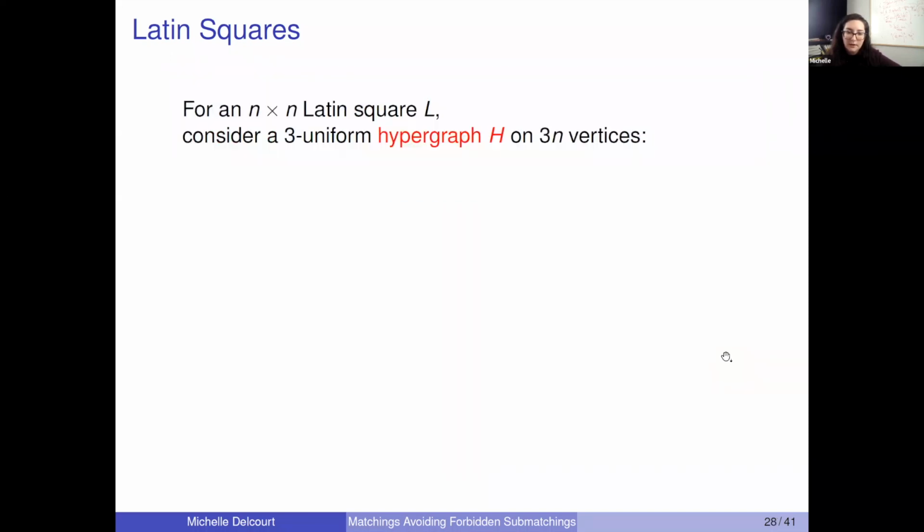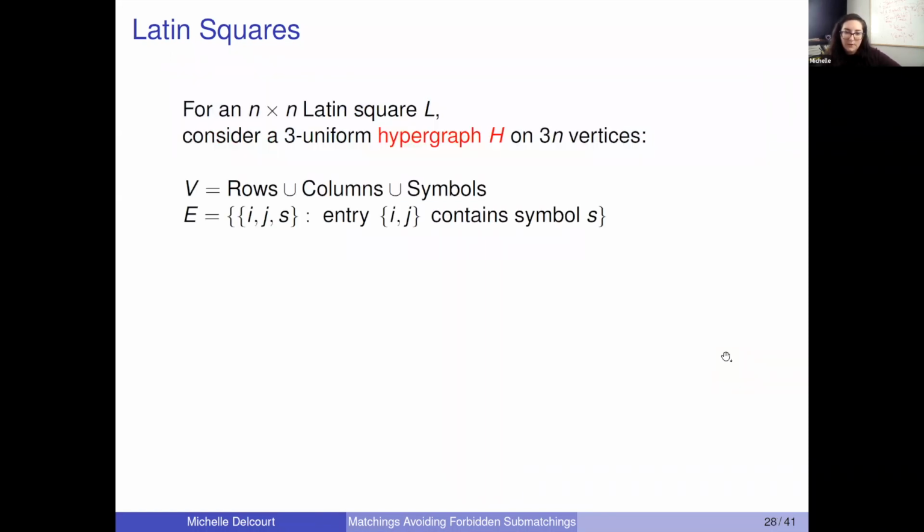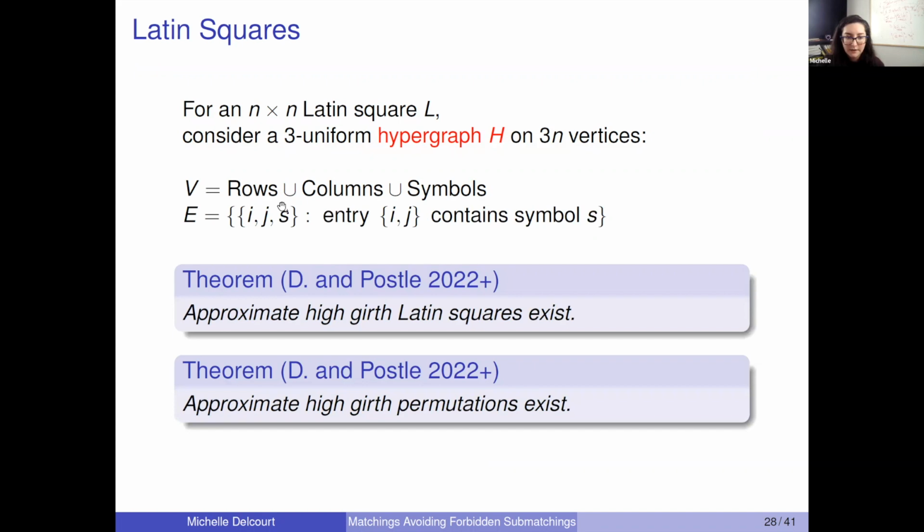And so the appropriate thing to do is form a 3-uniform hypergraph encoding rows, columns, and symbols. And in this context, if we find a matching, then it's going to correspond to assigning symbols, or coloring the entries in our n by n Latin square.